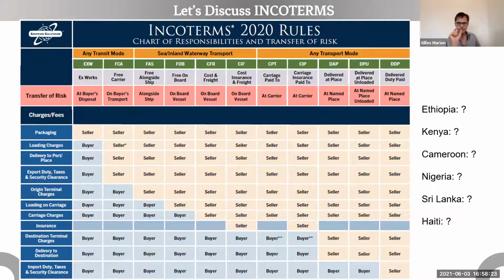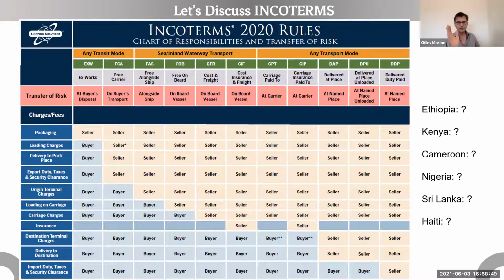The difference between CIF and CPT is just the insurance. Who is in charge of it? If the product falls while being carried down on the deck of the ship, who is going to be responsible for the goods?